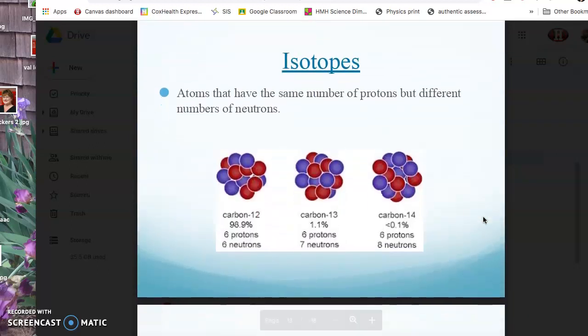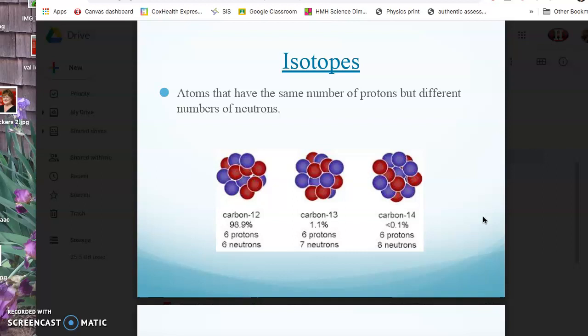Isotopes. Okay. So what you have to understand is that every atom is determined by the number of protons. So any atom you find with 26 protons is going to be an iron atom. Okay, but they can have different numbers of neutrons. So carbon always has 6 protons.